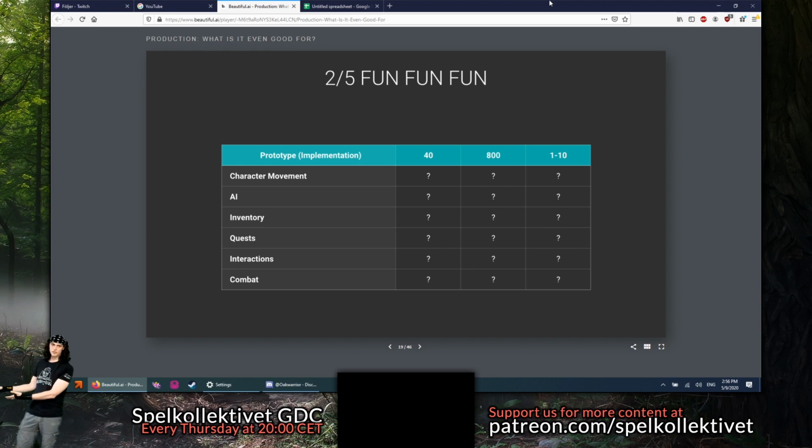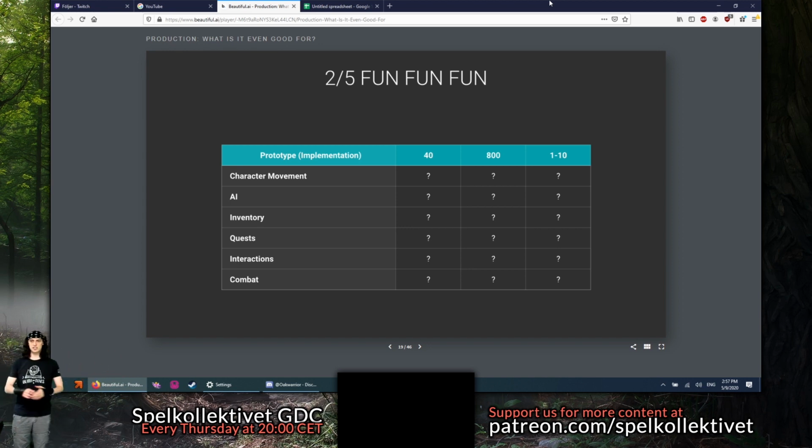So now we're specifically talking about the implementation, and so the development, the coding part specifically. So let's say you are a coder, or you're working with a coder, or essentially these are the two options. You are either a coder or you're working with a coder. And you have this feature set of character movement, AI, inventory, quests, management system, interactions, and combat.